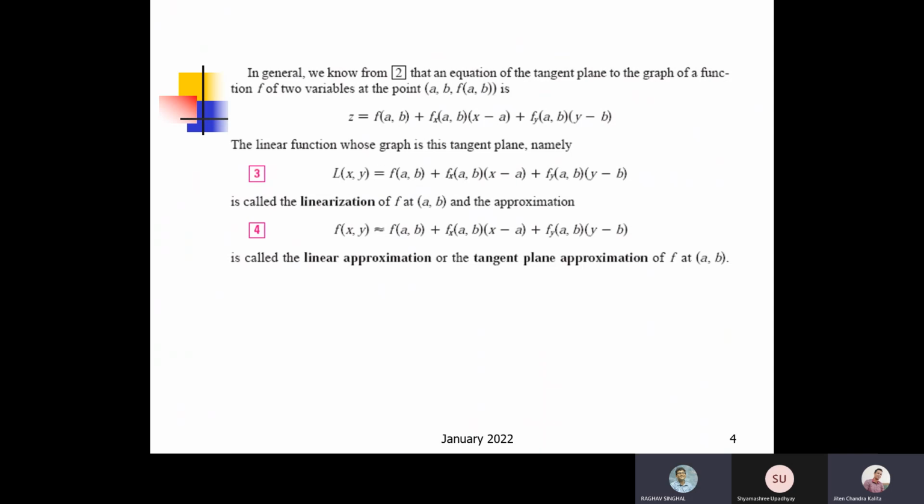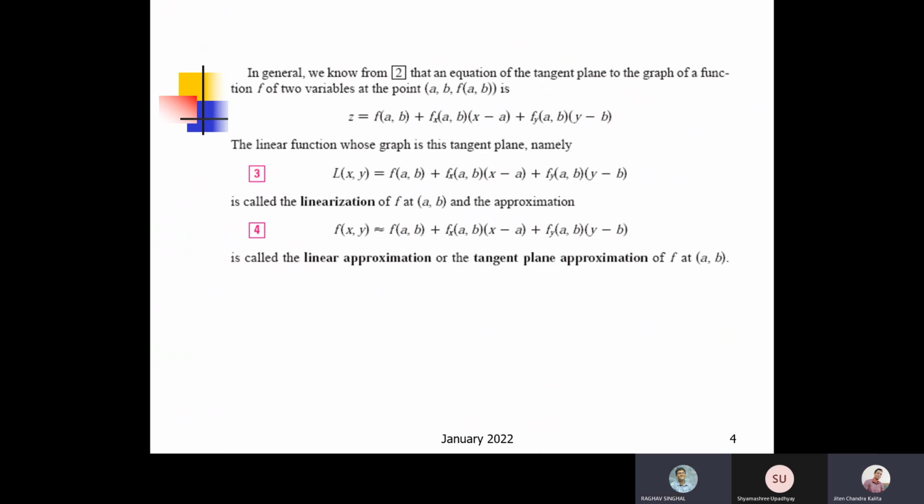In that case, if you are interested in simply approximating the function at certain points, you can simply consider the tangent plane there. So you get a much simpler function and you can approximate.